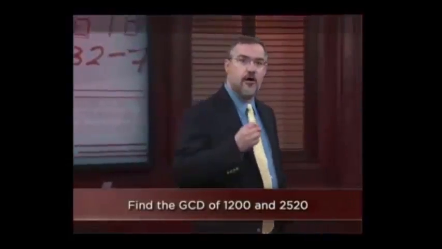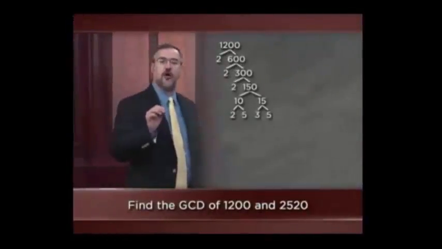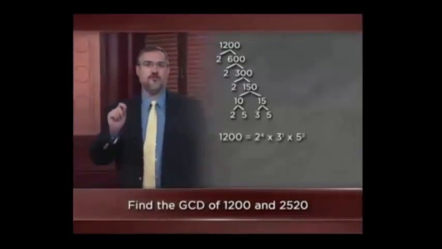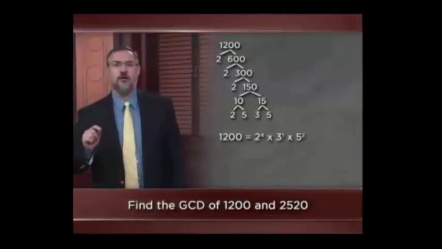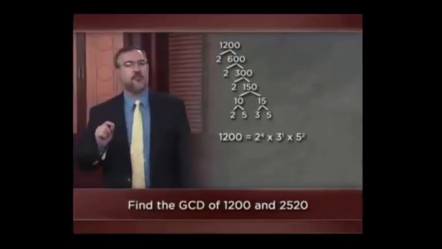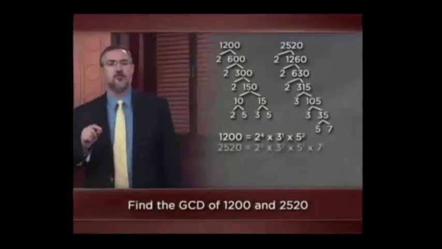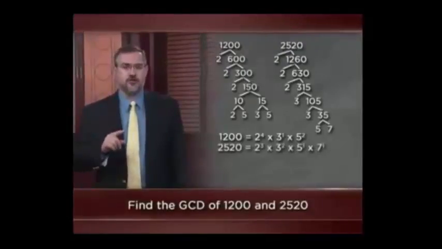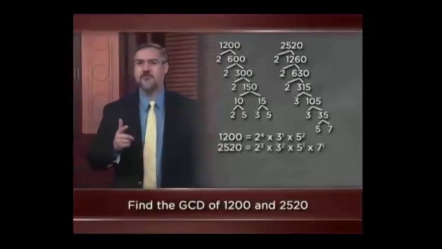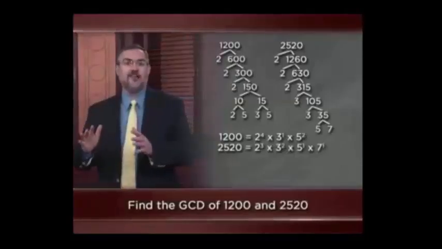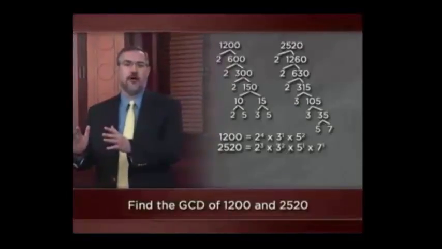All right, so the prime factorization of 1,200 is the same as 2 to the 4 times 3 to the 1 times 5 to the 2. And the prime factorization of 2,520 equals 2 to the 3 times 3 to the 2 times 5 to the 1 times 7 to the 1. All right, honestly, that was really the hard part of the problem.